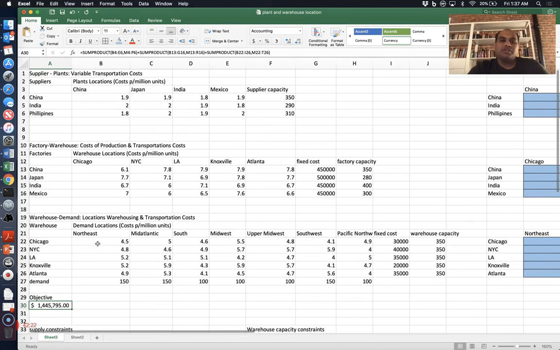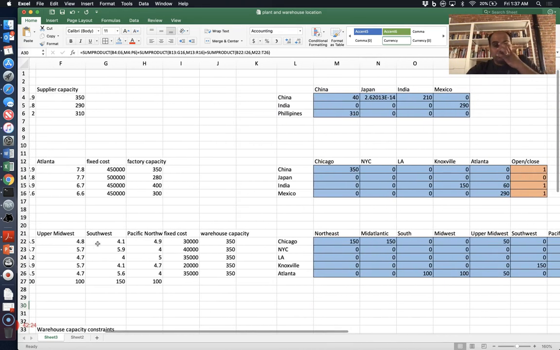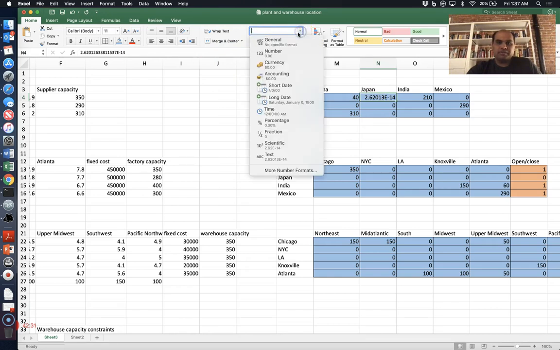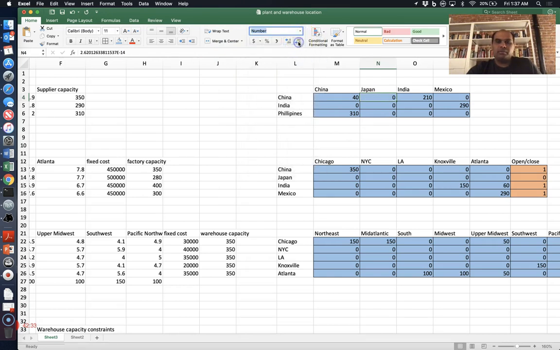Now let's see what the supply chain looks like. Factory wise, the Chinese supply location sends supply to the China plant and also to the India plant, while the Indian plant sends all its supply to the Mexico plant location.